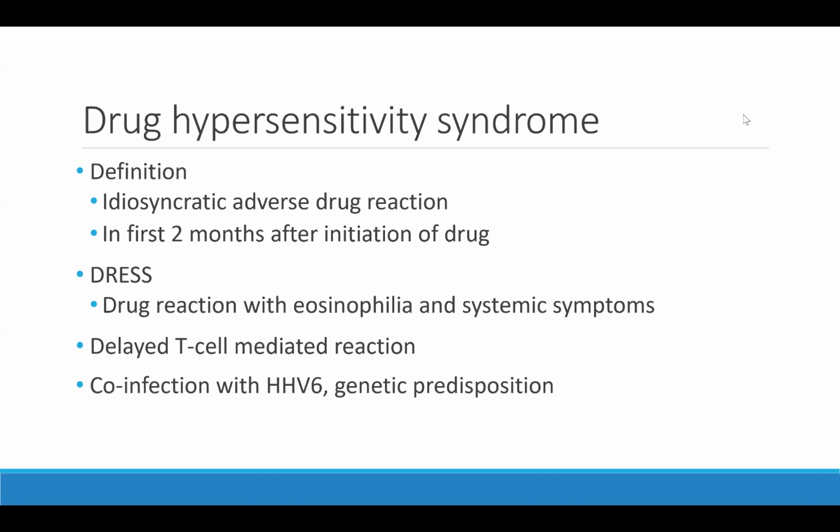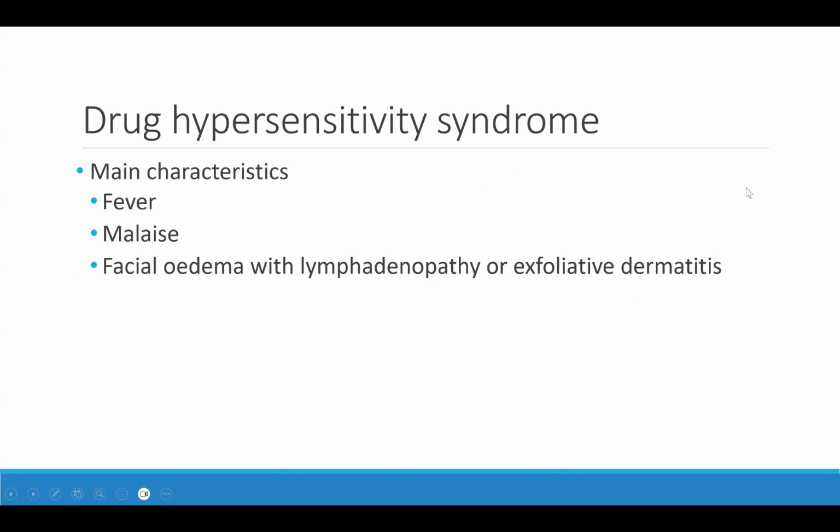This is a delayed T-cell mediated reaction, and it is related with co-infection with HHV6 as well as genetic predispositions. The main characteristics of DHS are fever, malaise, as well as facial edema with lymphadenopathy or exfoliative dermatitis, also known as erythroderma.